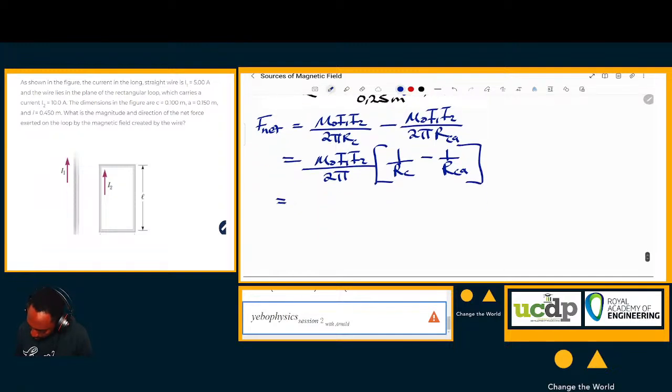Now we can substitute mu naught, 4 pi times 10 to the negative 7, times our current, which is 5, and the other one is 10.